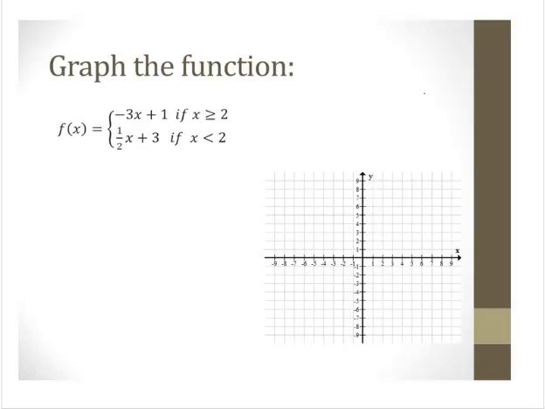So one thing that I like to do to help students figure this out is I immediately draw a boundary where things change. So notice things are changing at x equals 2. So I'm just going to put a vertical line at x equals 2 to remind me that things change at x equals 2.